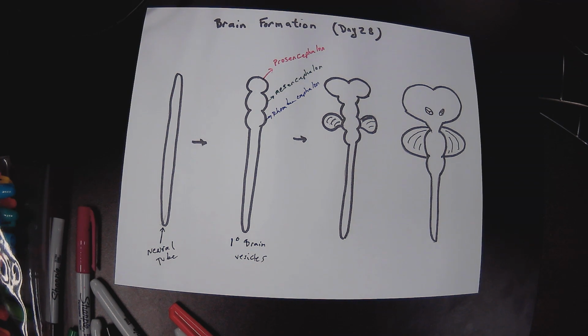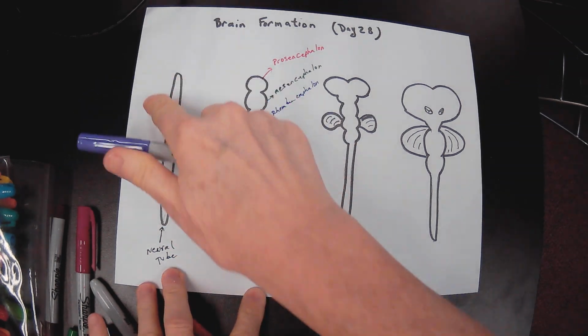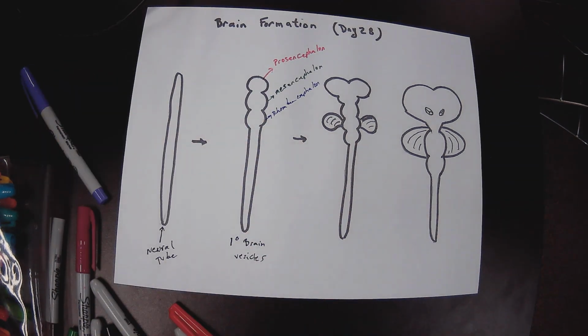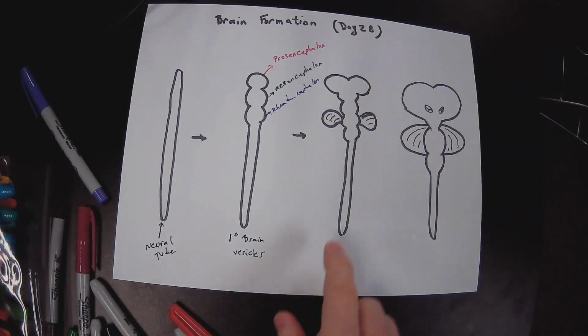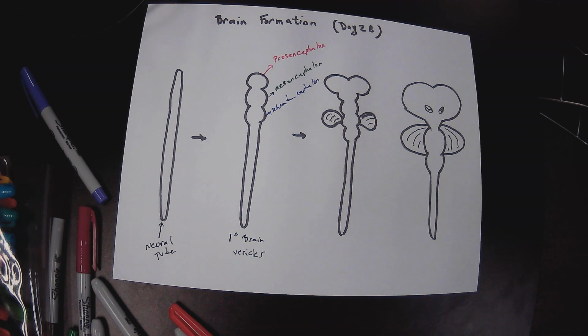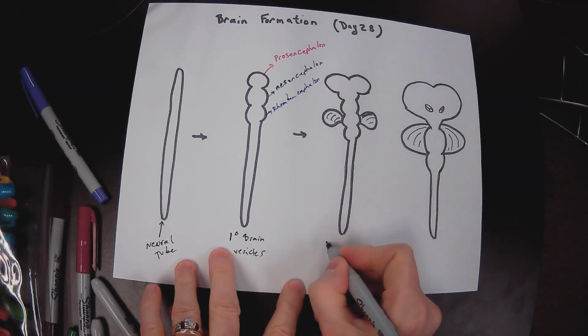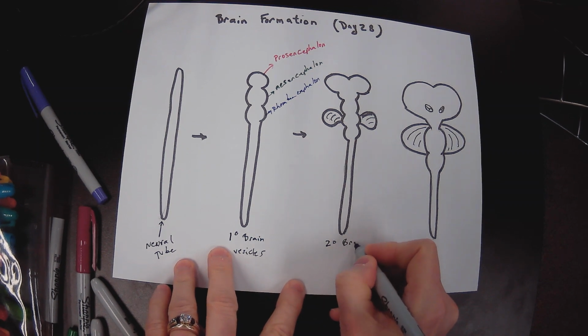These are nothing more than 3 different swellings that happen off the anterior end of the neural tube. Primary brain vesicles are first, and then over to the right, we have the formation of your secondary brain vesicles.